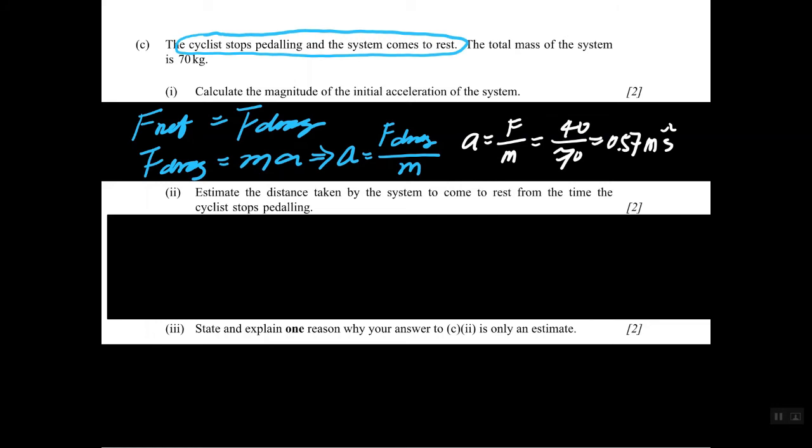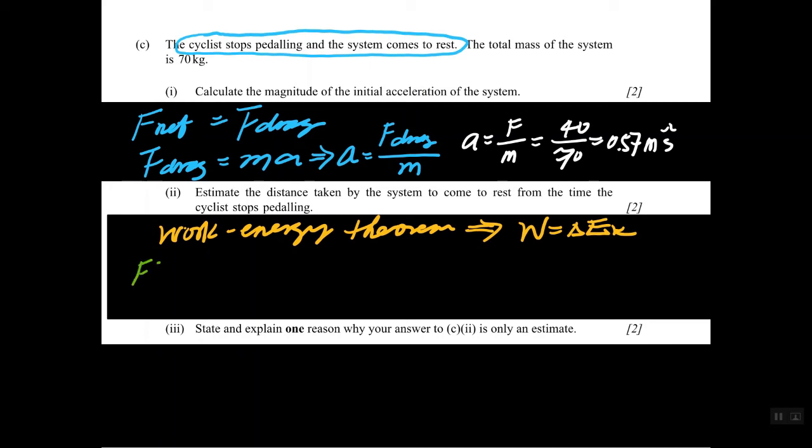Estimate the distance taken by the system to come to rest from the time the cyclist stops pedaling. Work-energy theorem: work done equals change in kinetic energy. Work done is the force times the distance moved in the direction of the force, so Fs cosine theta equals final kinetic energy minus initial kinetic energy.